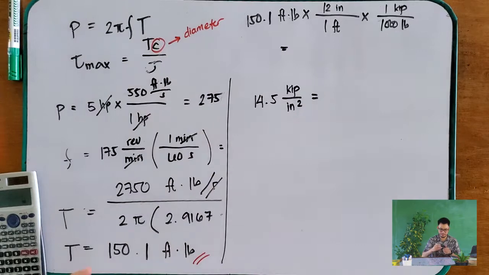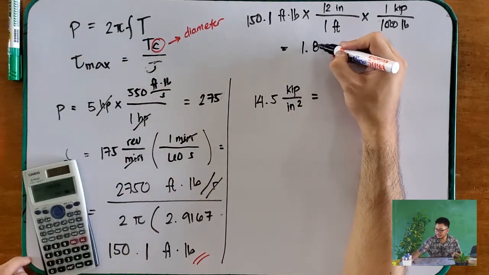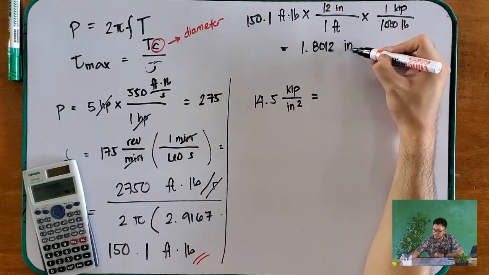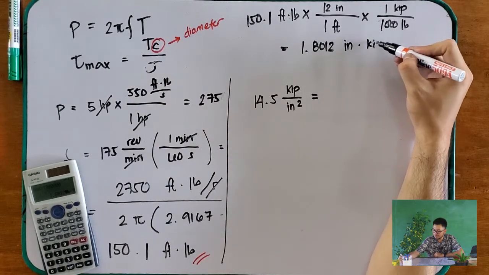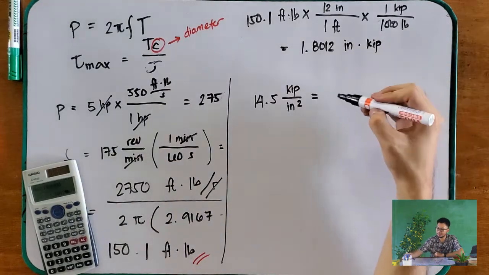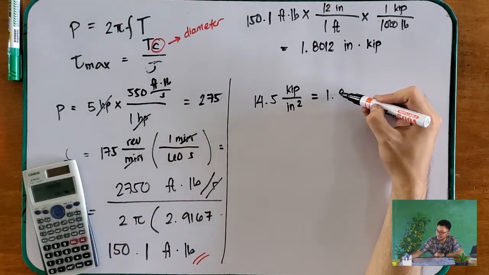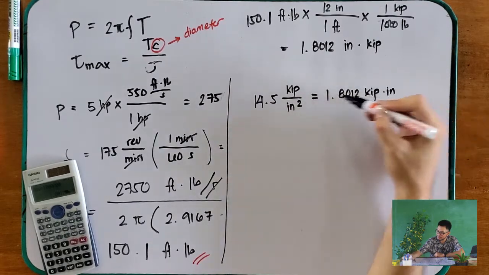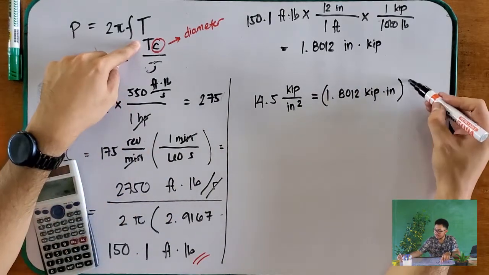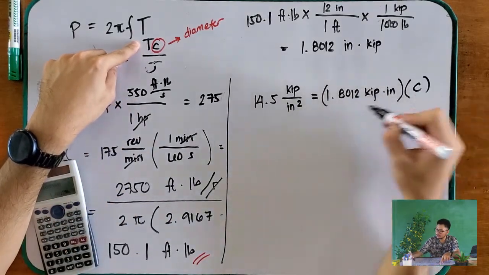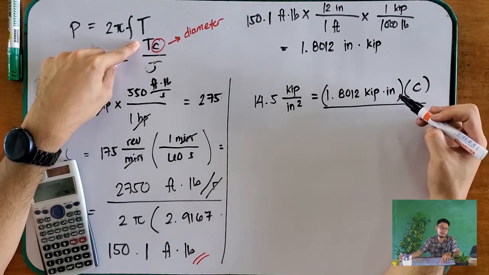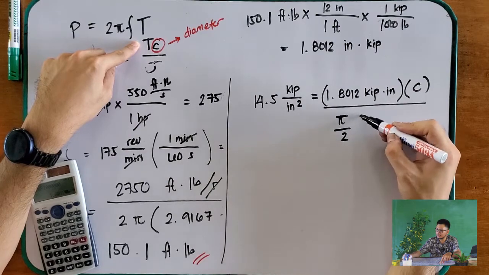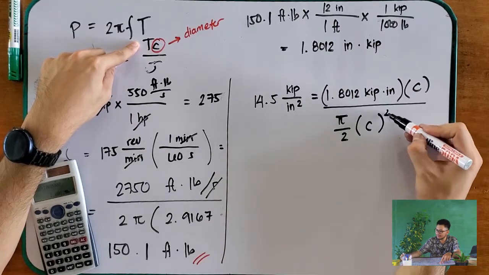That is equal to 1.8012 kilopound-inch. So 1.8012 kip-inch. C, we don't know, over J. The polar moment of inertia of our solid shaft is pi over 2 times C to the 4.